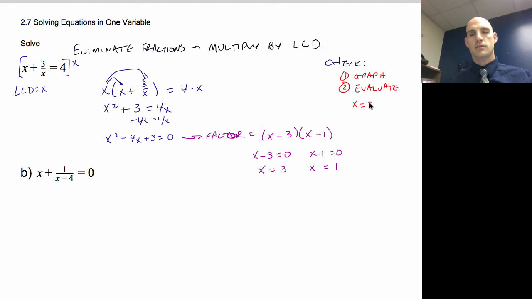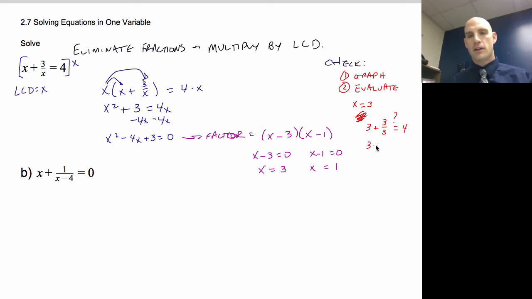So x equals 3 is going to give me, evaluating into the original, 3 plus 3 over 3 equals 4. And actually I'm testing to see if that's true, because if it's true, then it is a solution. So I plug my x equals 3 back into my original equation.